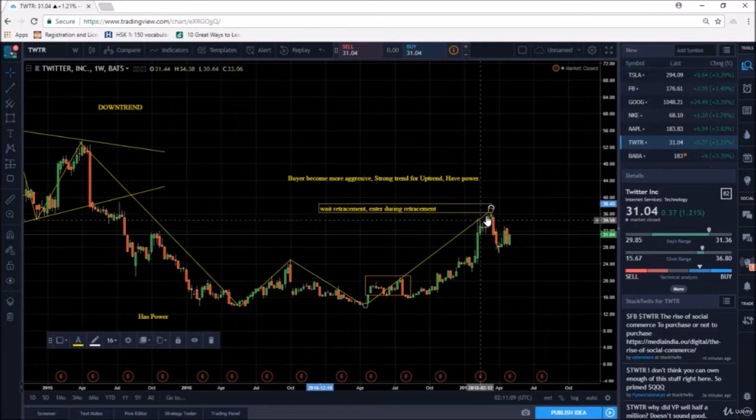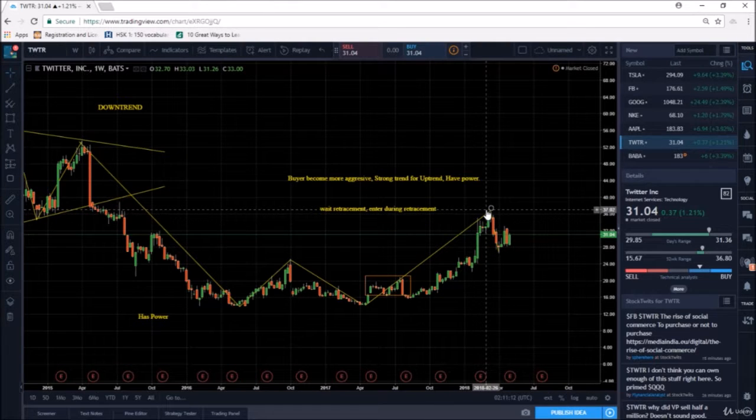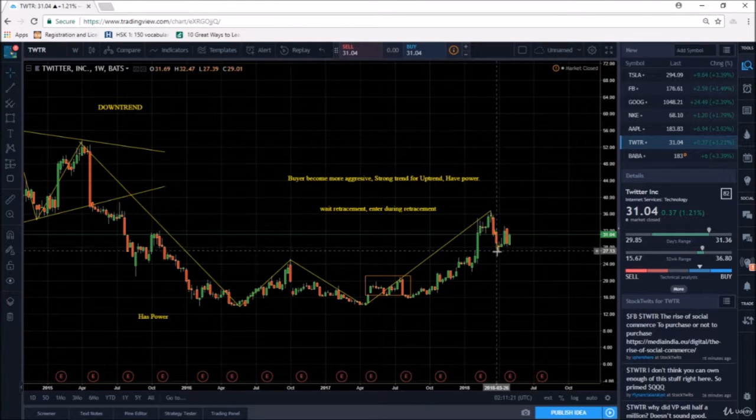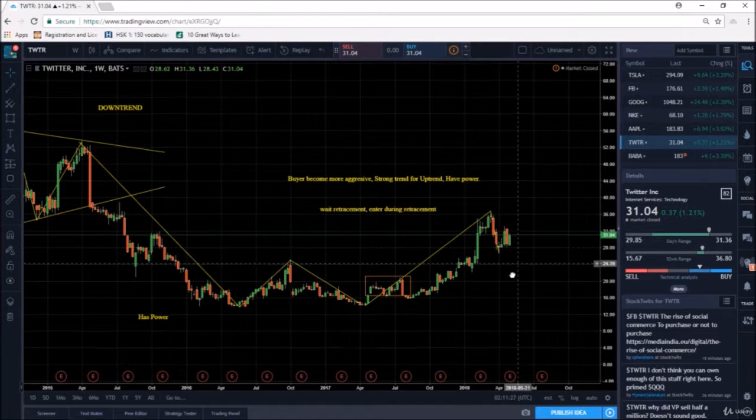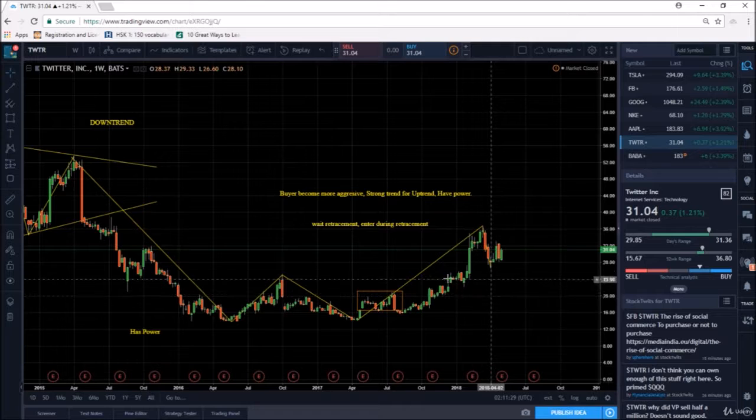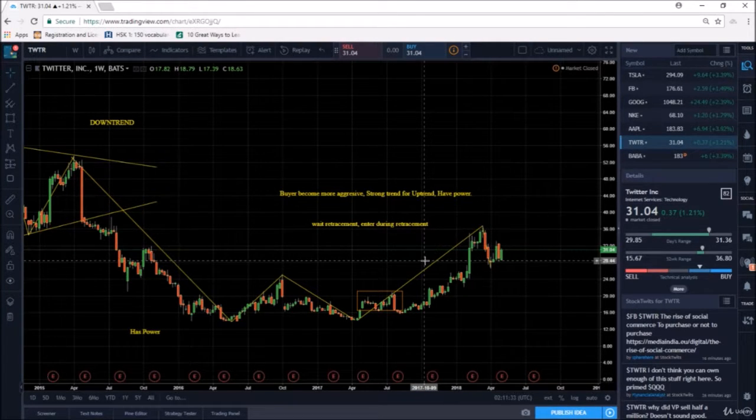So you are waiting for the price to go down and complete its retracement, and you want to get into the retracement at the lowest price possible. And this is where the stock has a confirmation that it has reversed upward.